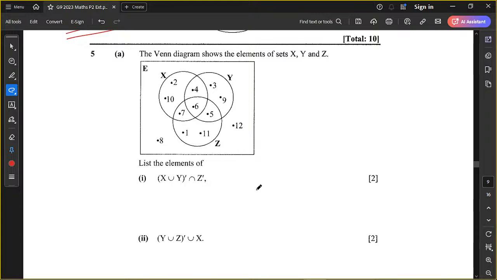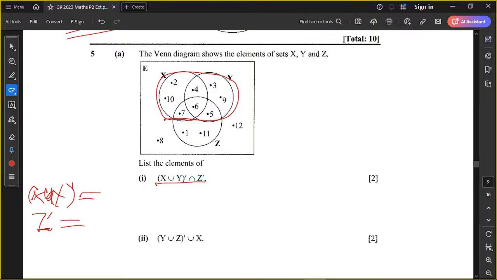So what we're going to do is divide these sections. We have the first one, which is X union Y complement, and then we have Z complement. These are the two sets we need to mention. When we say X union Y complement, that means we need to exclude every member of this set.